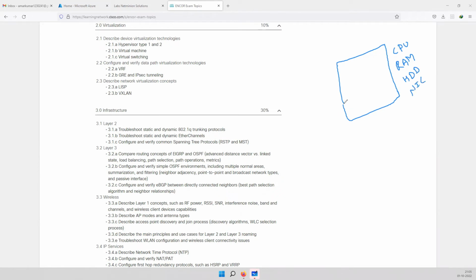If I install an operating system, let's say I have installed Windows on this, this Windows is going to consume the CPU, RAM, hard disk, and network interface card.